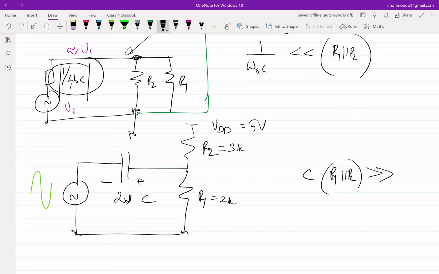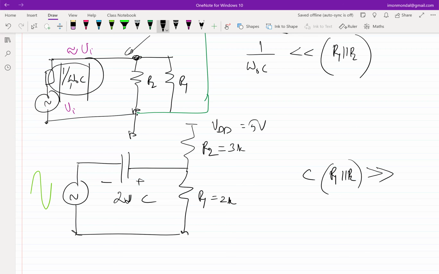This is a sinusoidal input. But time constant relates to some sort of change. As you rightly pointed out, when you have a large time constant, the voltage across the capacitor does not change. It changes very slowly. So what is the time scale that we are talking of here? One time period of the input. Correct?